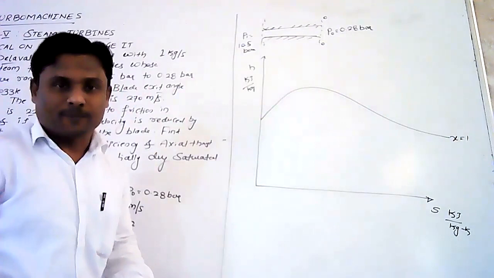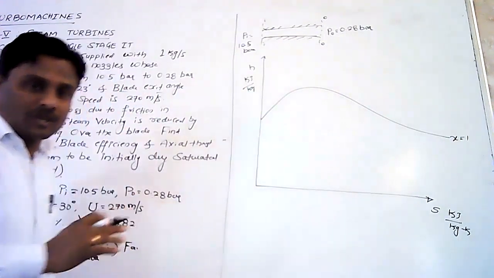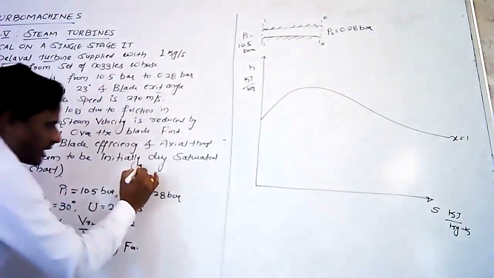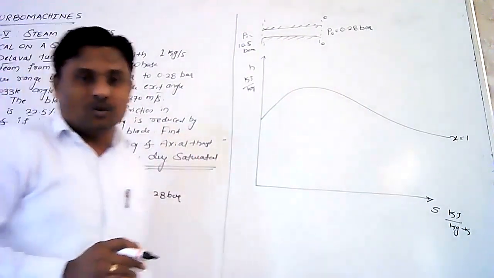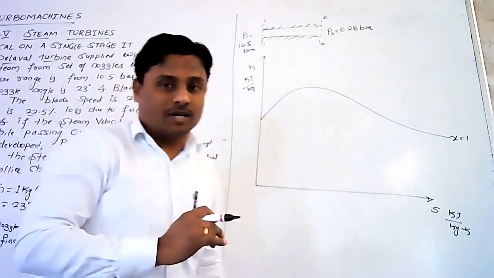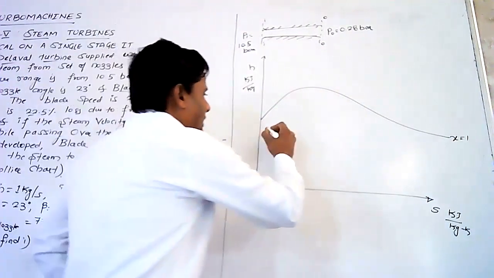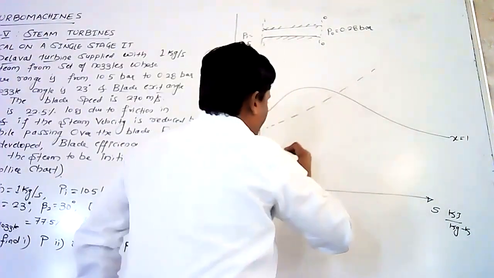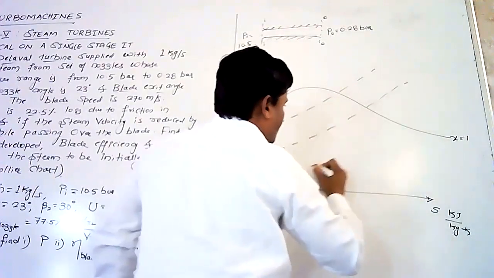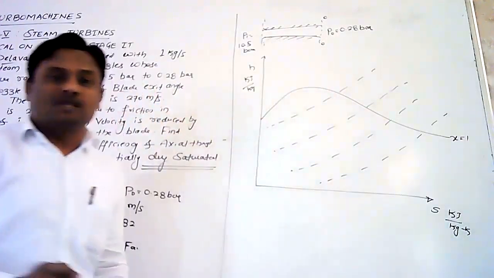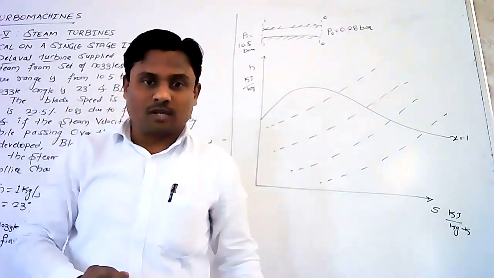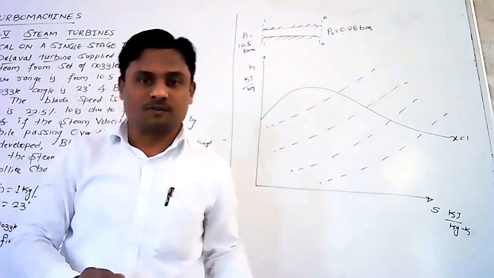Now clearly he has mentioned the condition of steam at the entry of the nozzle is dry saturated. After that you can see these curves, which are the constant pressure lines, in terms of bar.